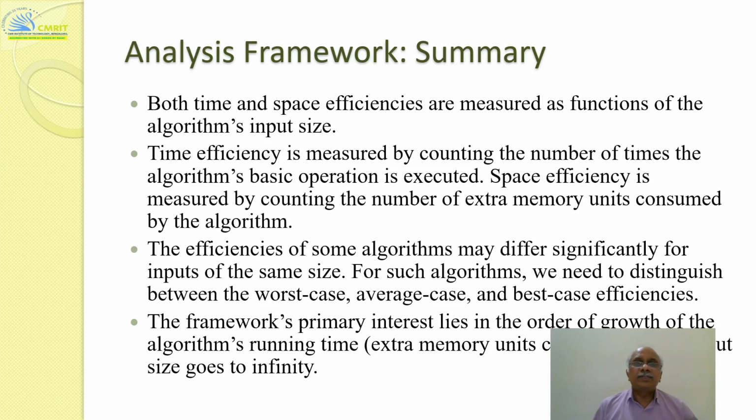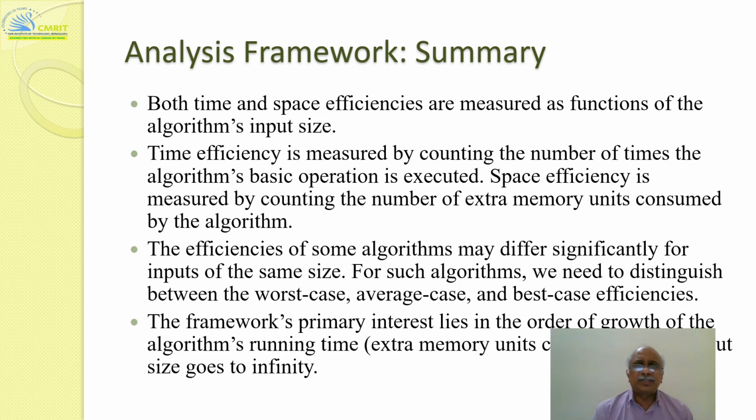Now let me summarize what we have learned about the analysis framework. We normally measure the time and space efficiency, or time and space complexity, of algorithms, and both of these are measured as functions of the algorithm's input size. The time efficiency is measured by counting the number of times the algorithm's basic operation is executed.